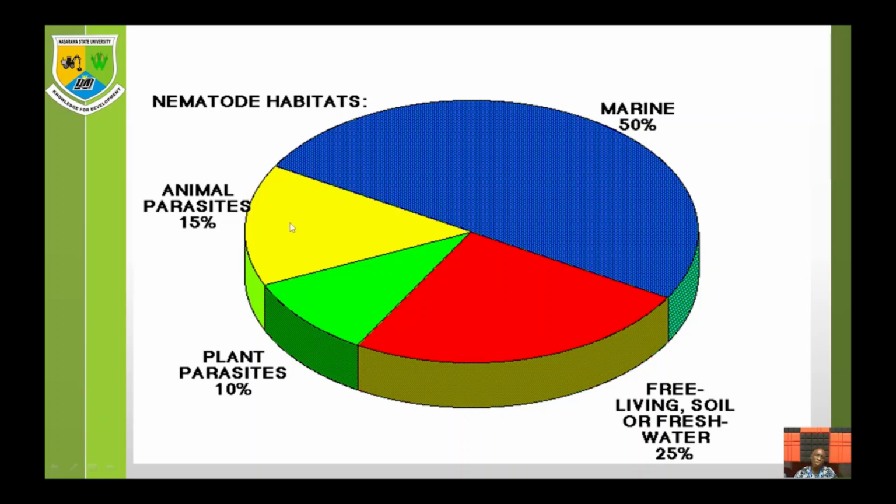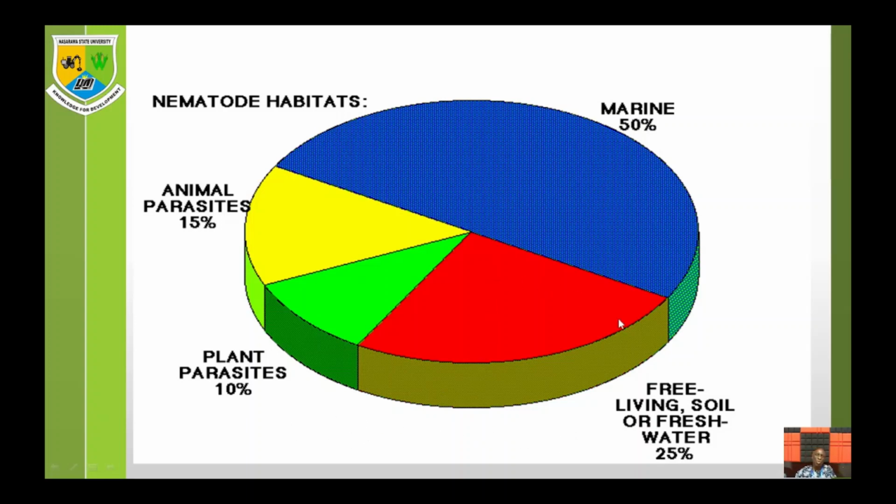And so all of these segments, even without that measurement, we can create a visual image. We can look at it and say there are more marine nematodes, followed by soil free living nematodes, and then animal parasitic nematodes and plant parasitic nematodes. This gives us a visual relationship.